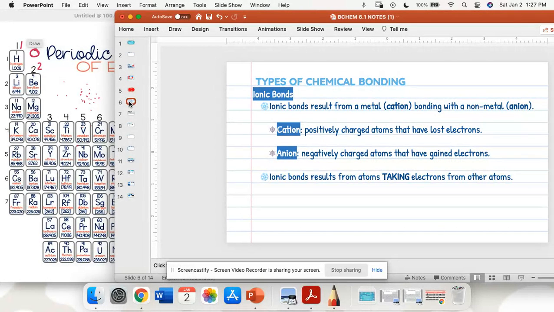They're called anions. So we have cations and anions. An ionic bond, so when these ions form, they are a result of atoms coming together by either giving up their electrons or taking electrons from other atoms.